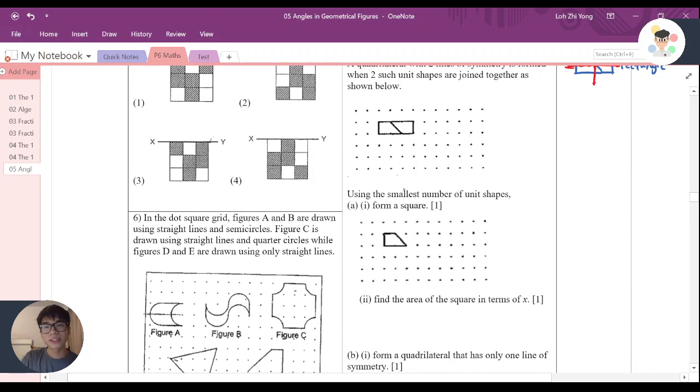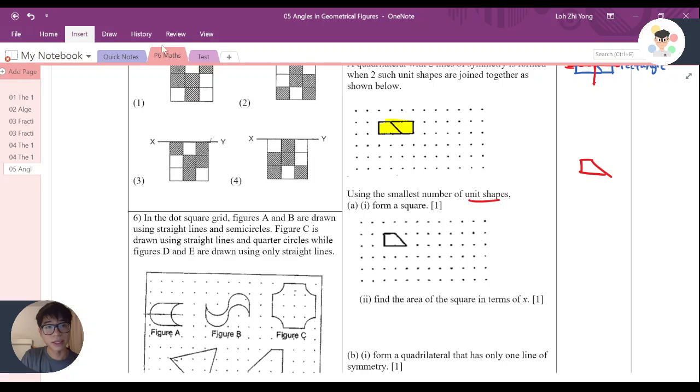Using the smallest number of unit shapes, means that this is a unit shape, form a square. Now, we need to use this to somehow add up to form a square. Now, you might be quite confused about how to form a square. But don't worry, if you look at the previous one, this actually gives us a tip already.